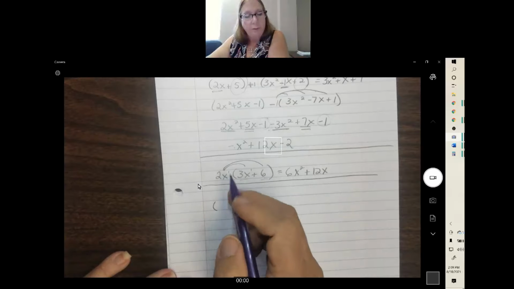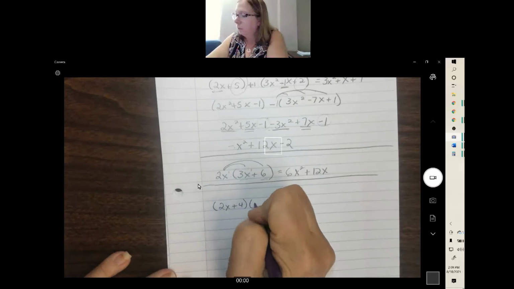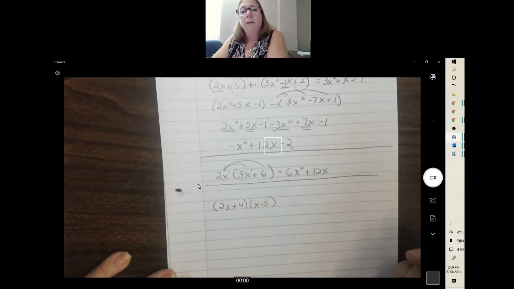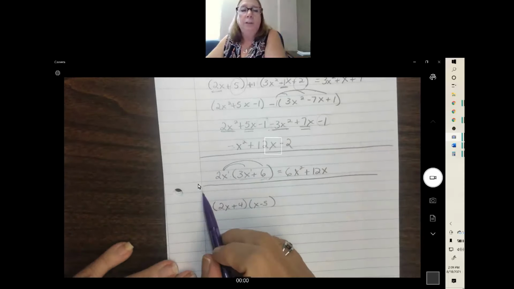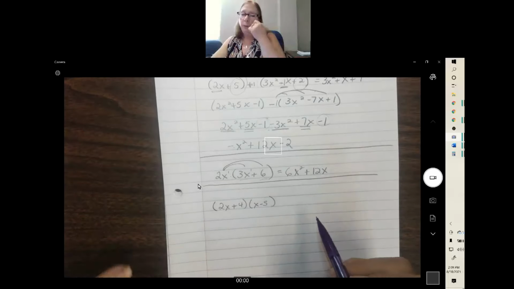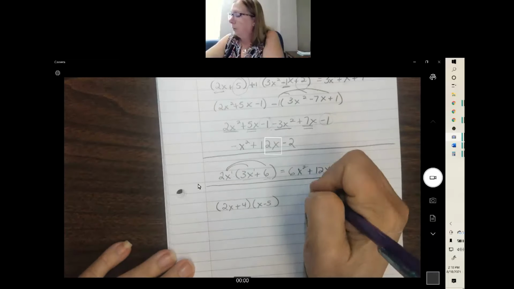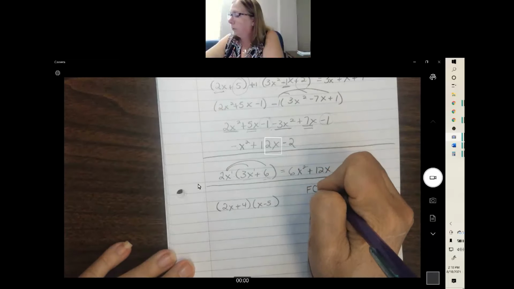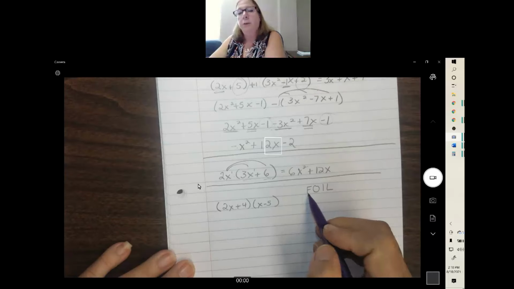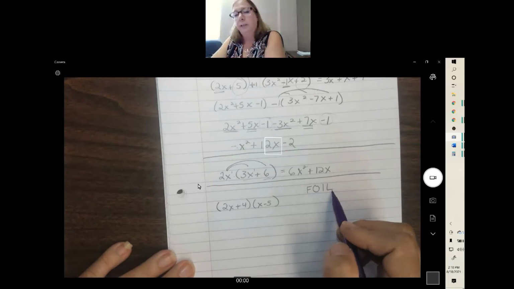If you have two binomials, then you need to multiply 2x times both terms and 4 times both. When they're both binomials, like this one is, you probably learned the term FOIL, where you multiply the first two, outside two, inside two, and then the last two.